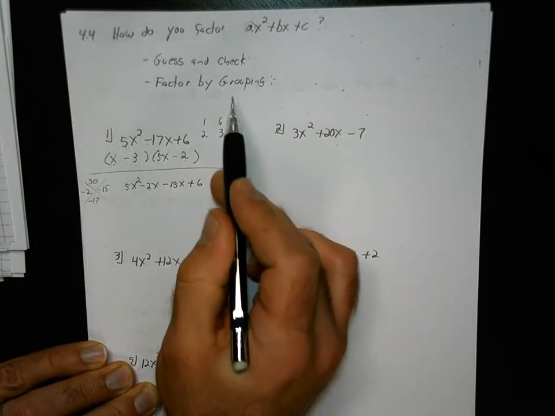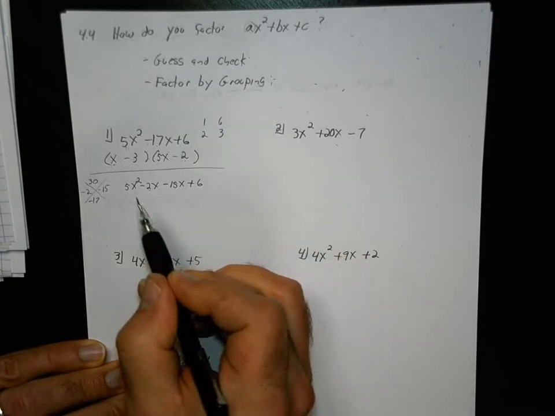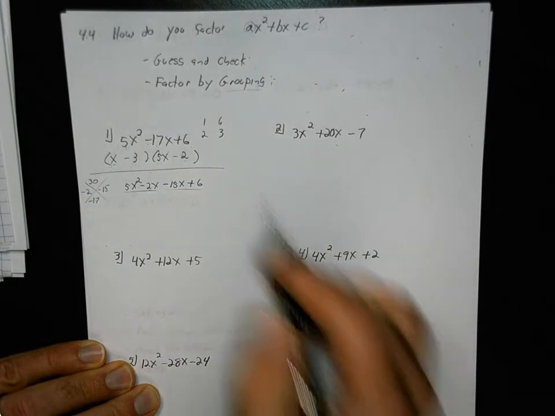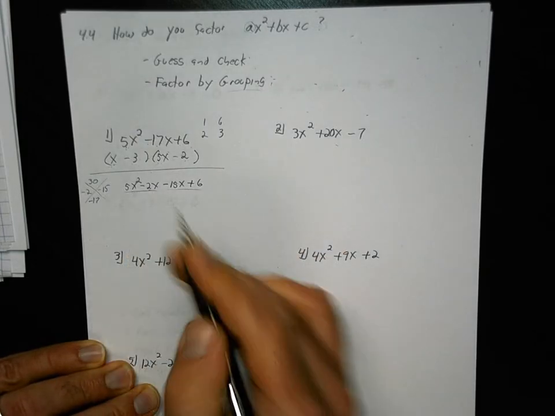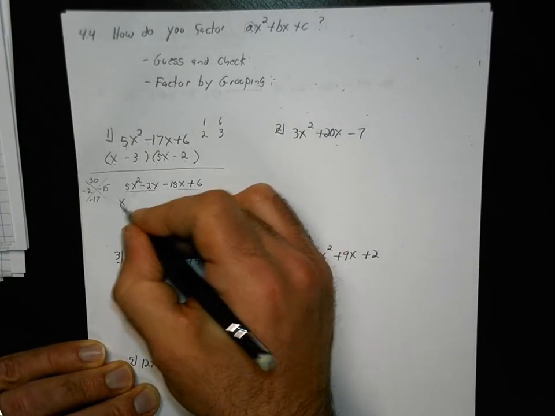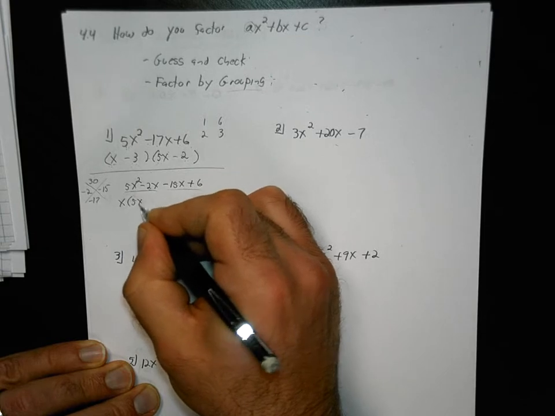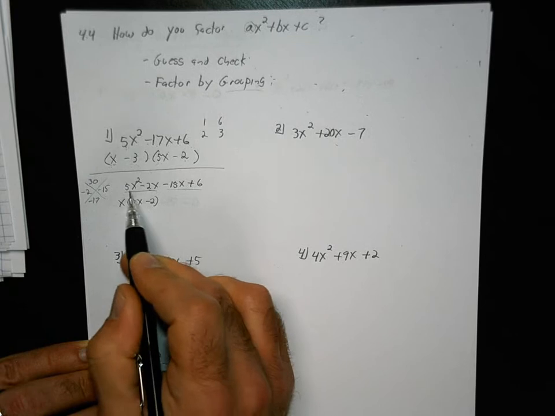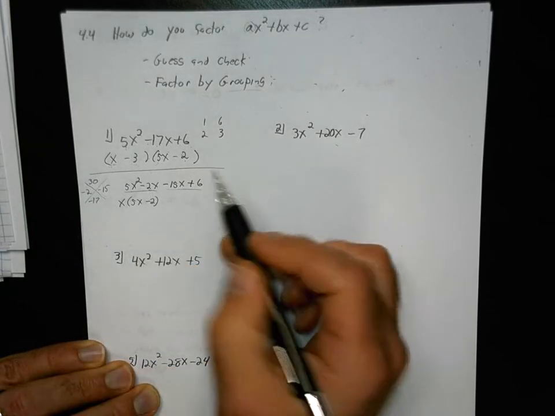Okay, now we do the factor by grouping part. We're going to factor something out of each part of this. So when I look at this, the only thing I can factor out is an x. x times 5x minus 2 is still 5x squared minus 2x.